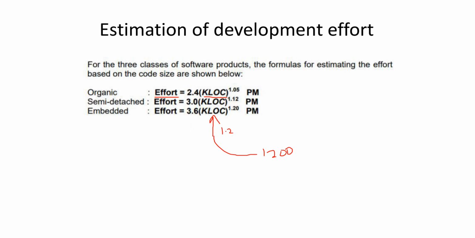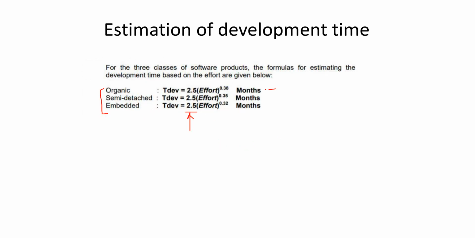If you calculated the effort for organic, then the development time will again be organic only. It's effort raised to 0.38, 0.35 and 0.32. You have to figure out a method to remember these values. Once you are done with these two, we are done with the time and the effort required to develop a software project in one of these categories.